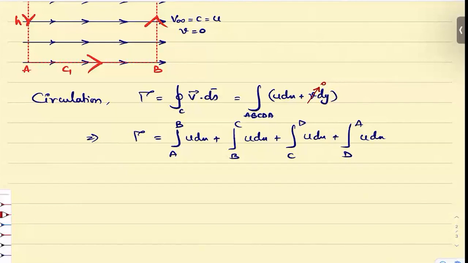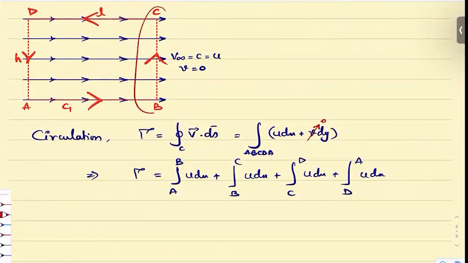Now you see along BC and DA, what is dx? 0, sir. There is no change in x. You are going vertically up, which means there is no change in x. So along BC, dx is 0. Along DA, dx is 0.